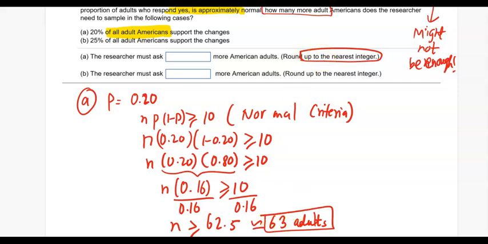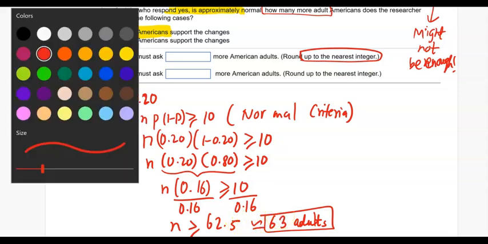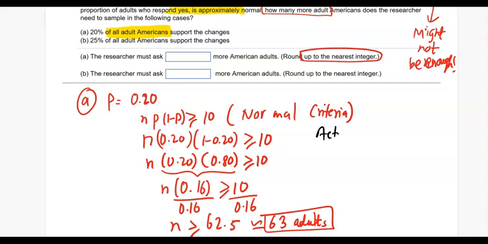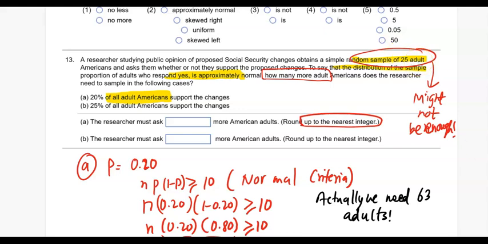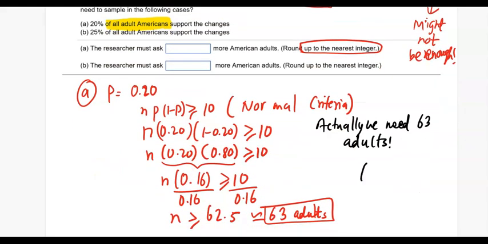So actually we need 63 adults. But how many adults were sampled before? They sampled 25, so that's not enough. How many more I need is 63 minus 25, which gives you 38. So 38 more adults are needed.